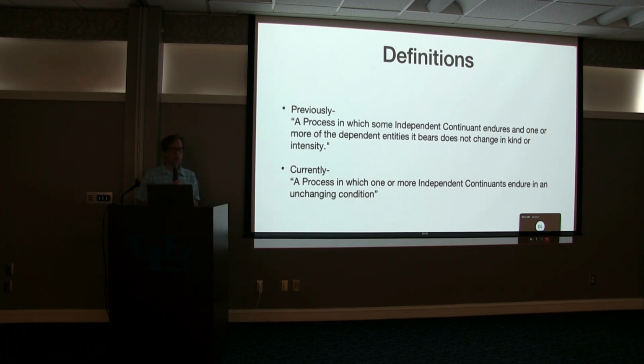Now, users of the Common Core, I can't remember when it went up on GitHub, I guess around 2016, as our user community grew and became open sourced, said that they were using stases in other ways. And in particular, one use case was for relations, stases of relations, parthood, location, and so forth. And so we changed the definition to be less restrictive. It's simply one in which one or more independent continuants endures in an unchanging condition.